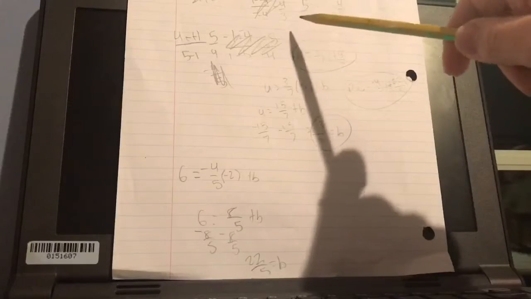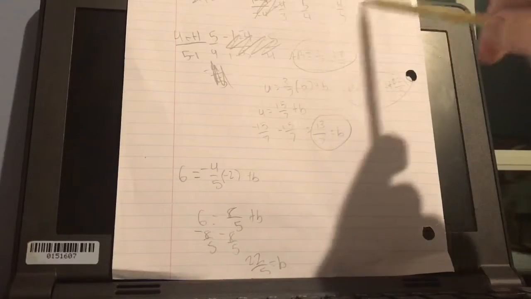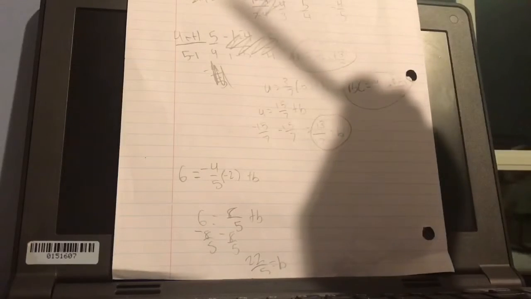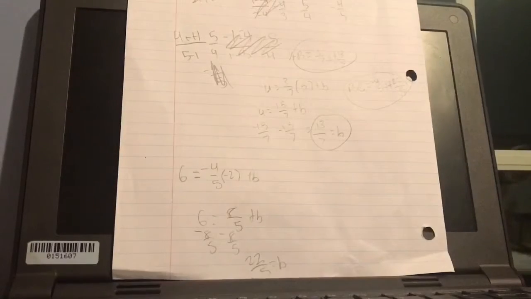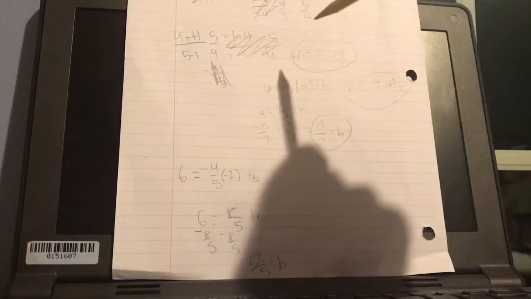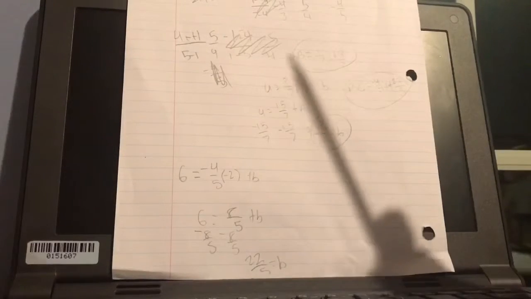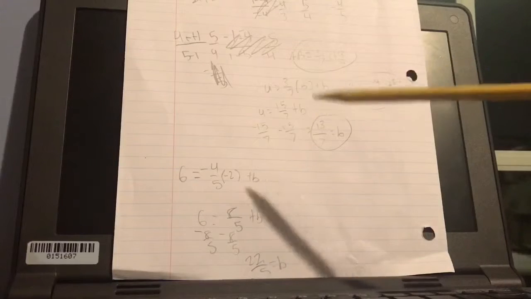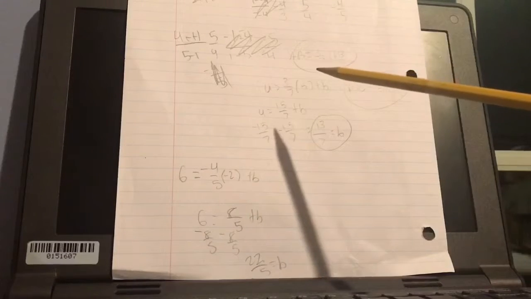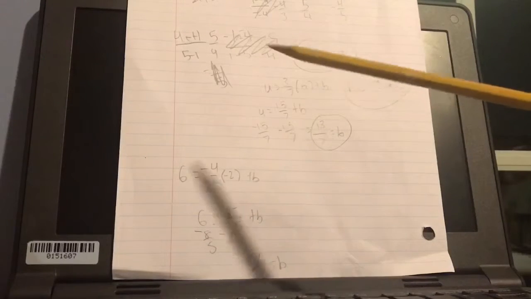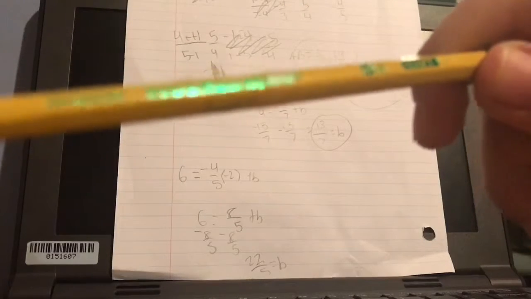And then for BC, you do the same thing. Then you get 5/4. Then you switch it around, you get 4/5. Then you just need to plug in a point into the slope equation to find out what the b is.